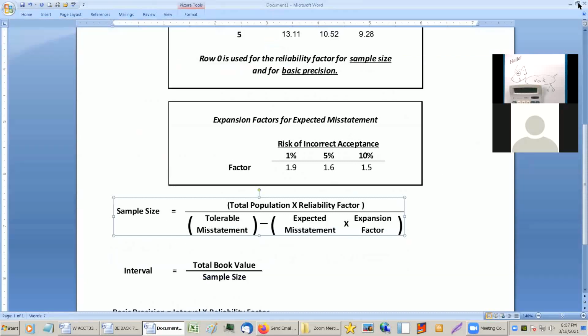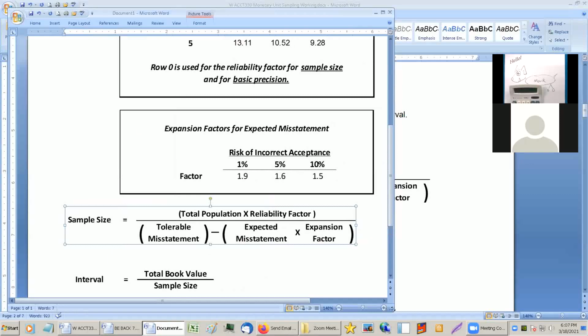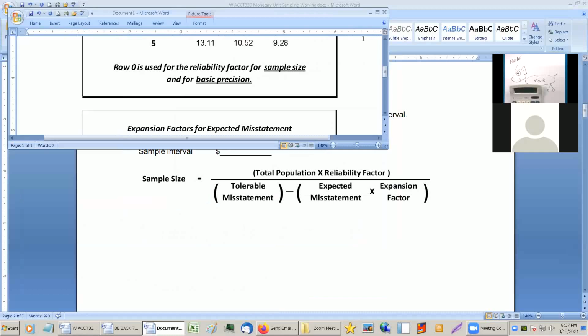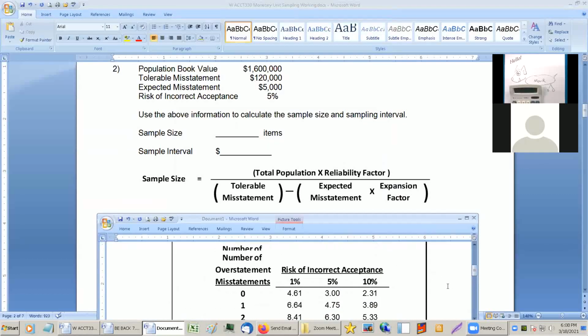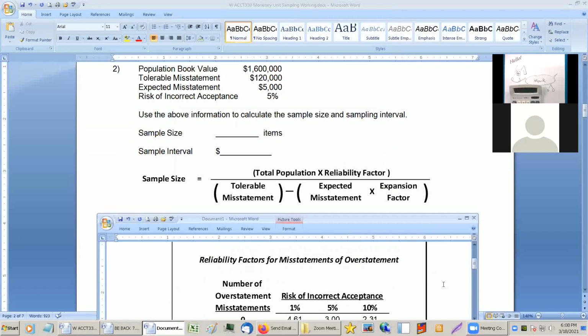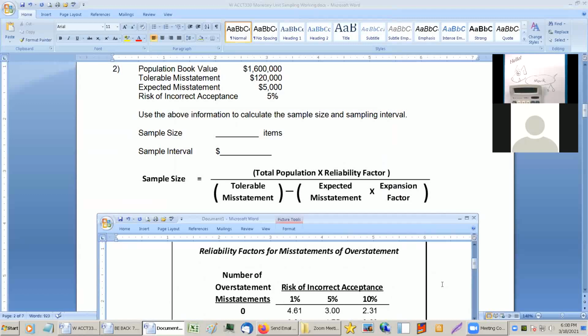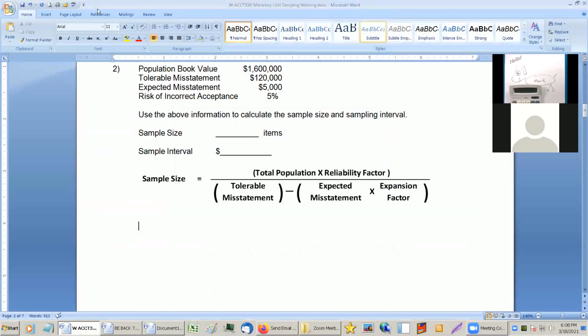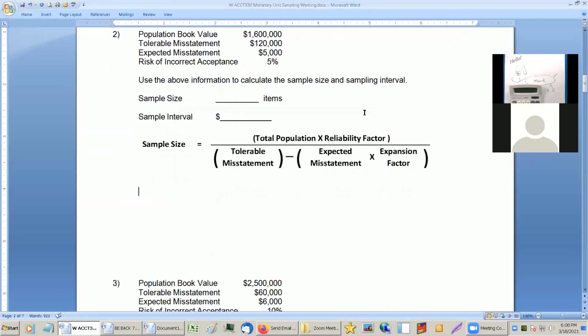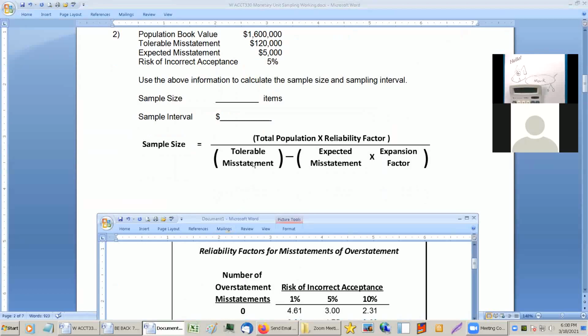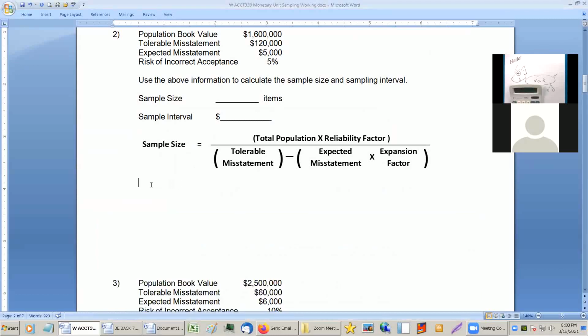Okay, so I am going to make this one small. Hopefully we can see it on the screen. I'm going to start doing my sample size here.